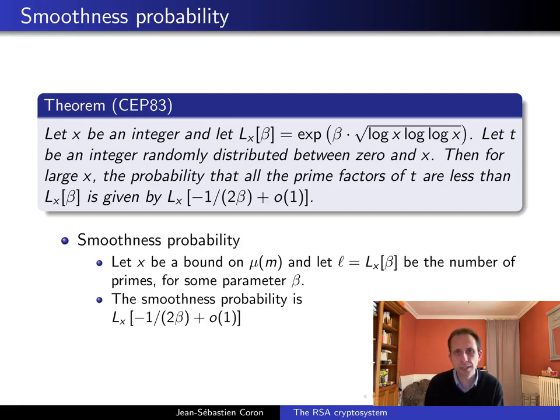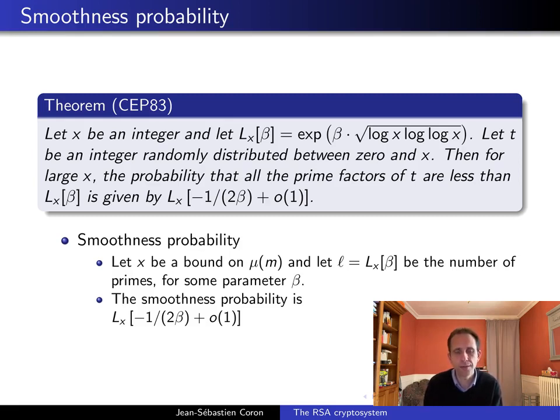So this theorem gives us an estimate of the probability that an integer is going to be smooth as a function of the parameter β. So the parameter β determines the bound on the prime factors that can appear in the factorization of t.